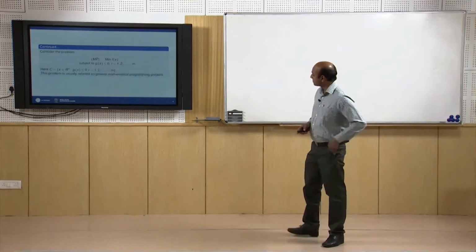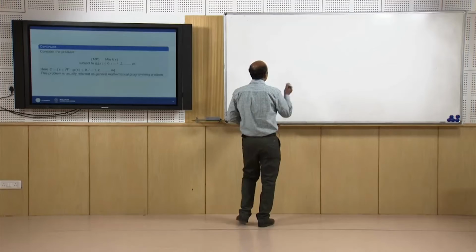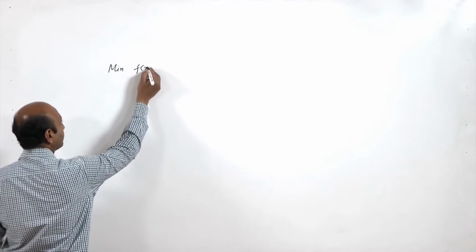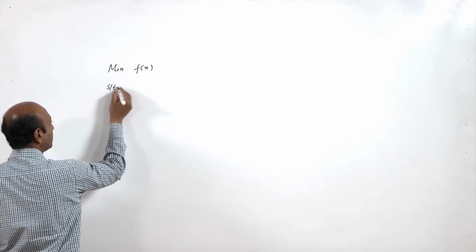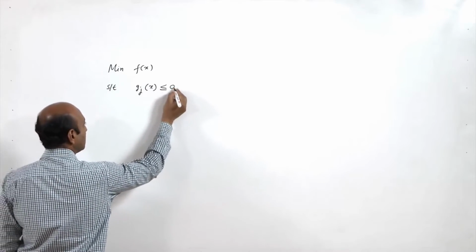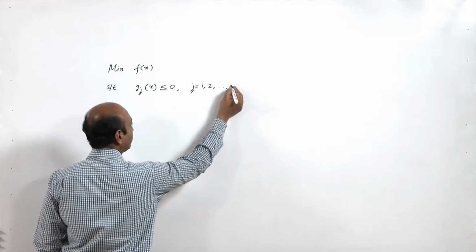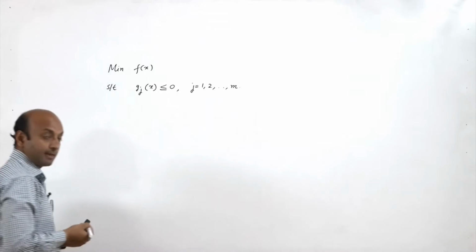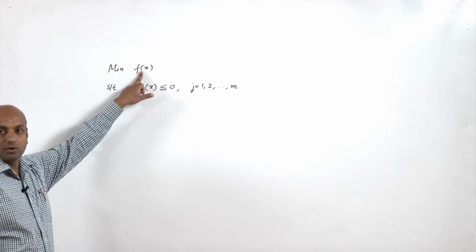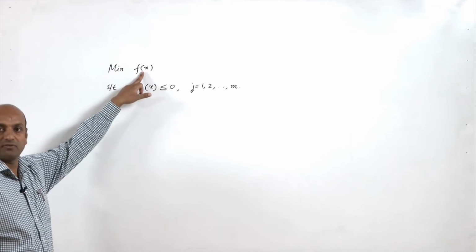Now, let us consider this problem. What is this problem? Minimize f(x) subject to g_j(x) less than or equal to 0, for j equal to 1 to m. Here, the function f is to be minimized, so we call it the objective function.